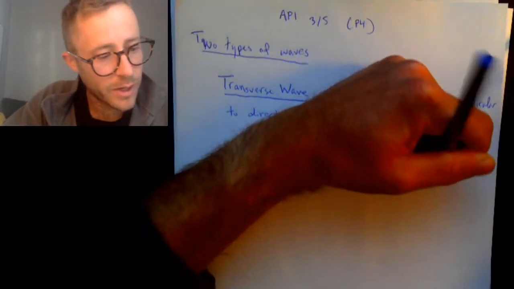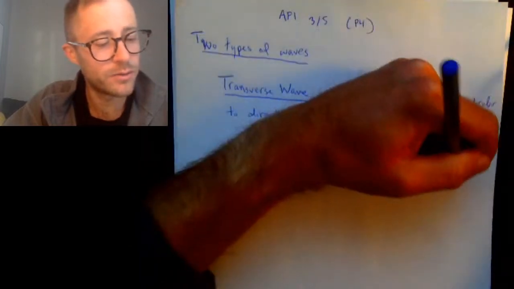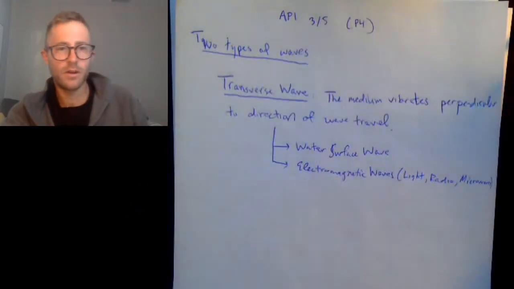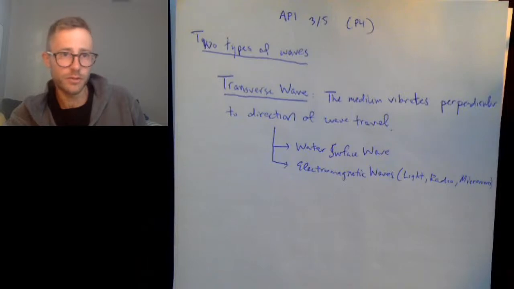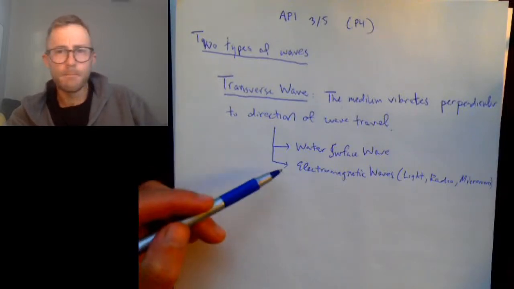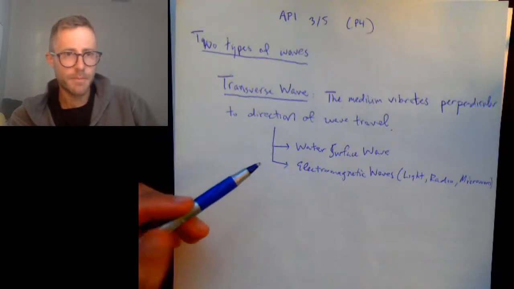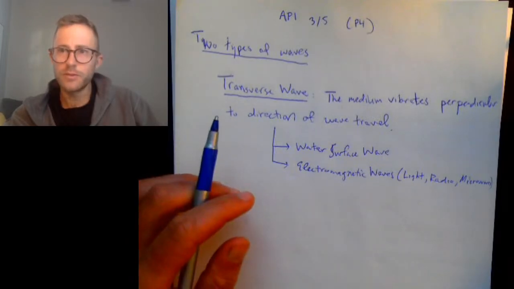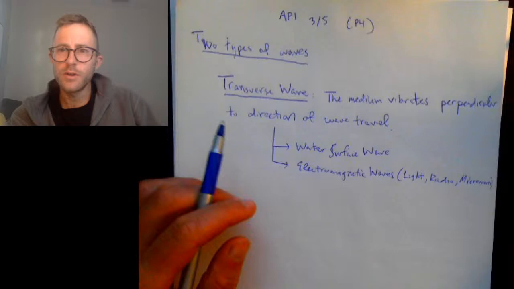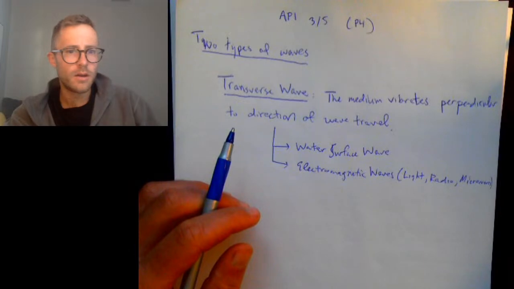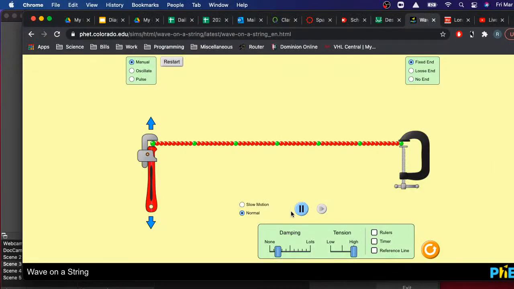That includes things like radio waves, microwaves, etc. Those are all transverse waves. So let's go ahead and look at an animation of some waves. Let me pull it up here. Hopefully you guys can see this.